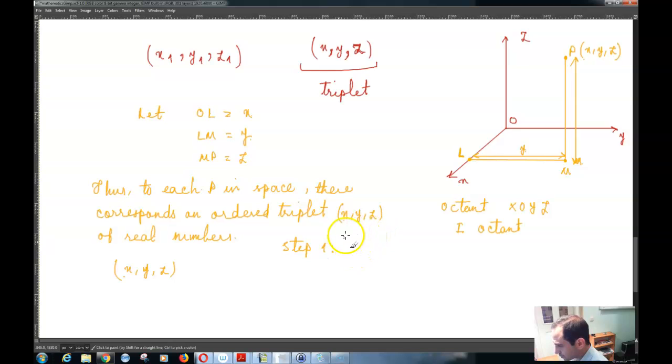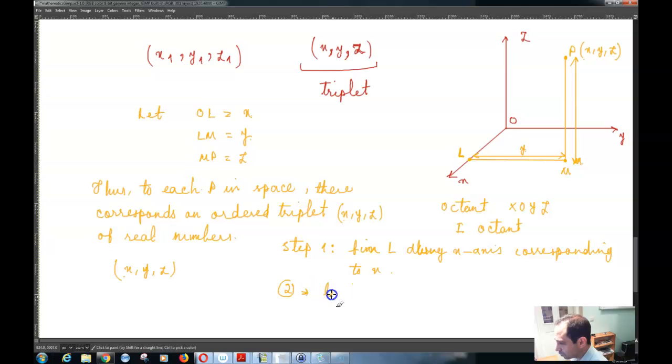So I just call them steps. Step number one, you can fix the point L along the x-axis corresponding to x, which is basically what we did, of course, in the previous process as well. And then locate the point M in the xy plane.